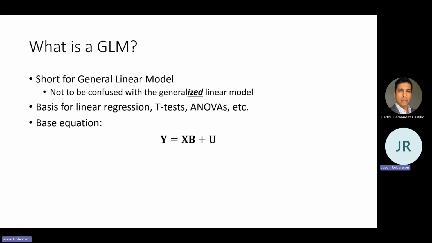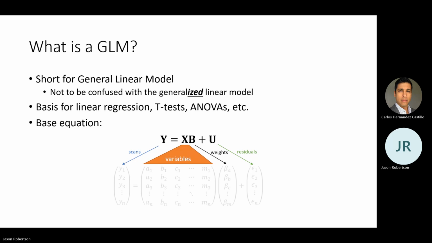X is the design matrix: the variables that we want to look at and determine the relationships between. B is the slopes or the weights of the linear model you're creating. And U is anything left over after you fit the model, basically an error term.